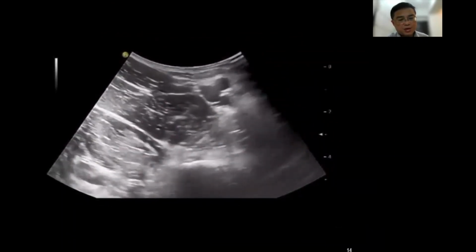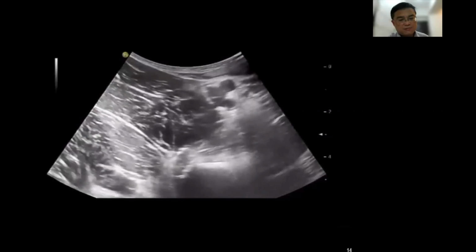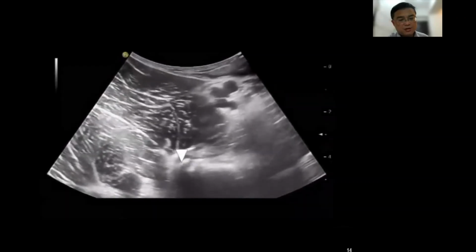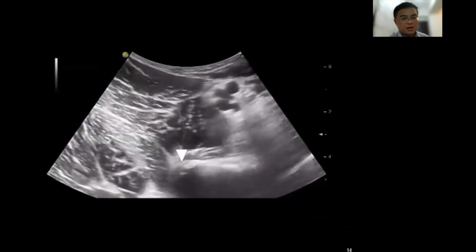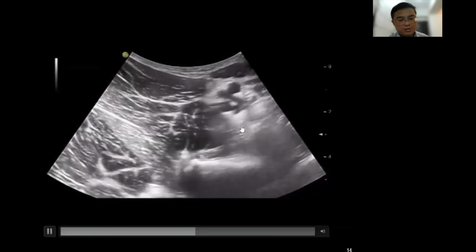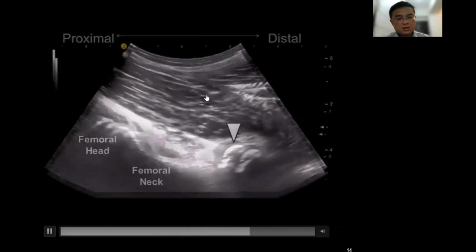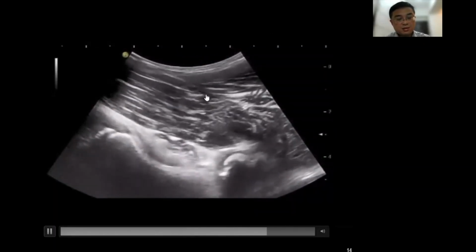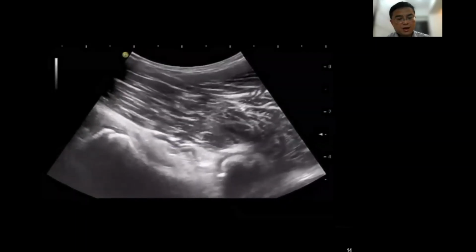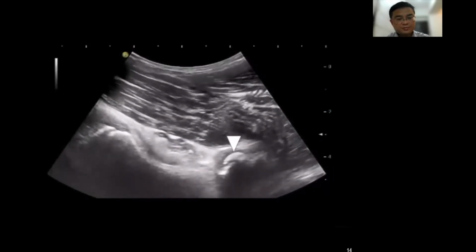So you can track the femoral joint from cranial to caudal, and then at the level of the lesser trochanter, you can find that there is a bony plaque over here. And then you can pivot your transducer 90 degrees, and then you can see the hyperechoic plaque is located at the attachment of the iliopsoas tendon.